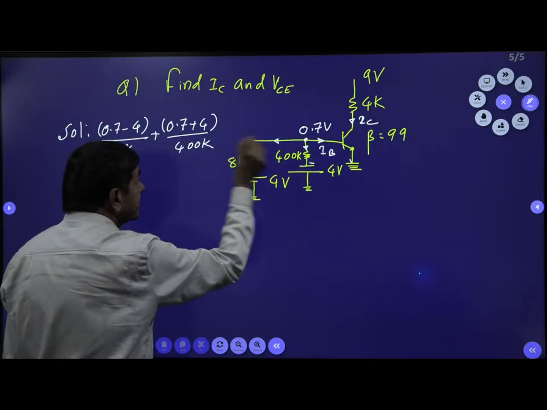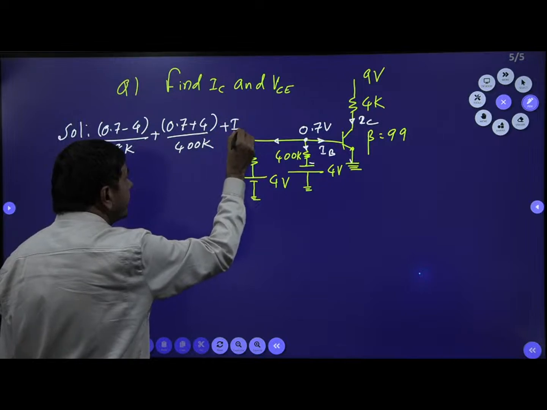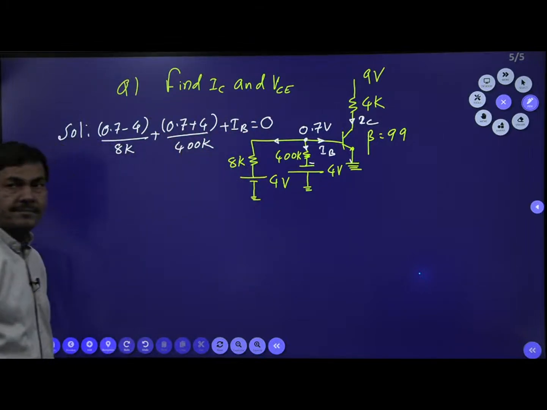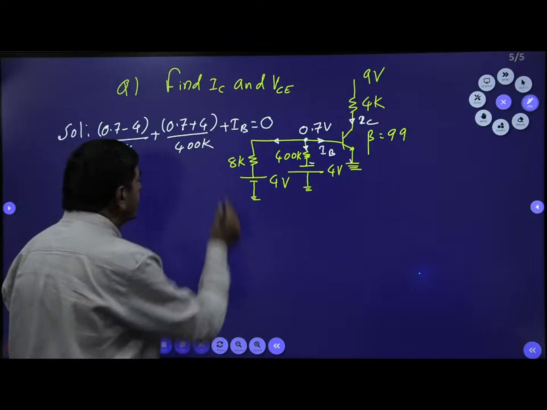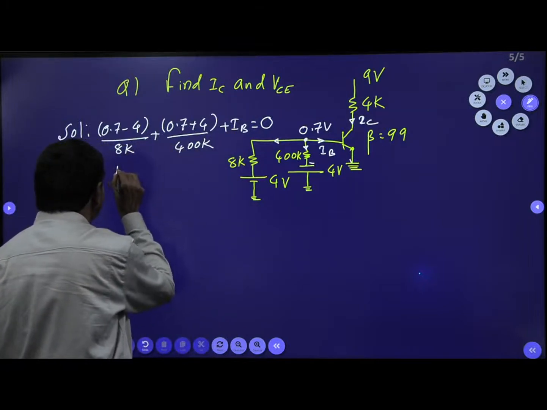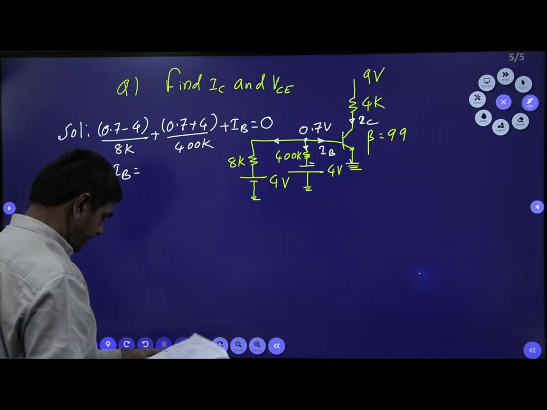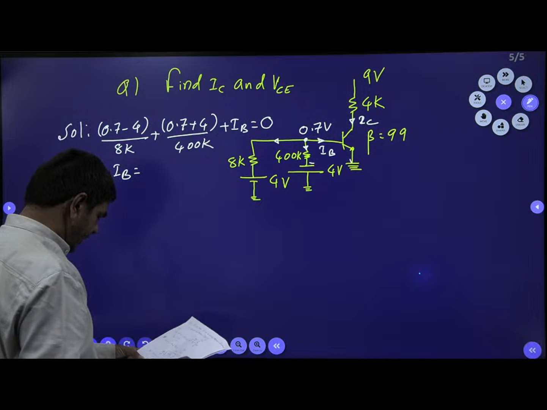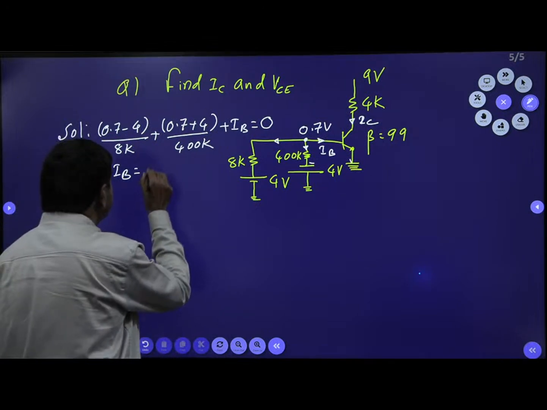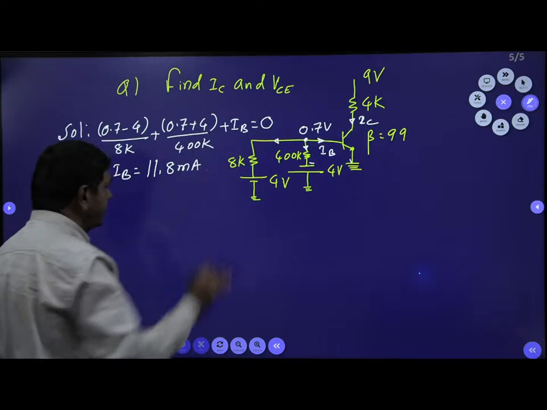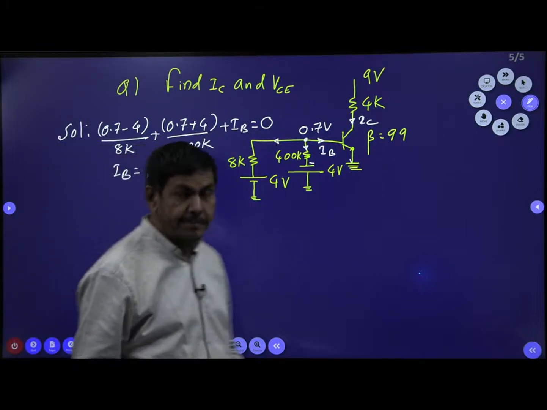This current is nothing but IB. By using the calculator, you can get the base current passing in the network. That IB comes as 11.8 milliamperes. I am getting 11.8 milliamperes.